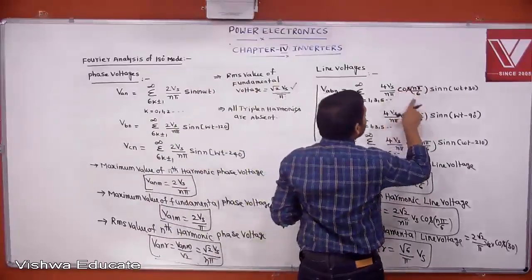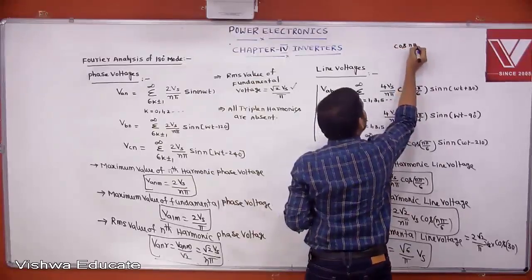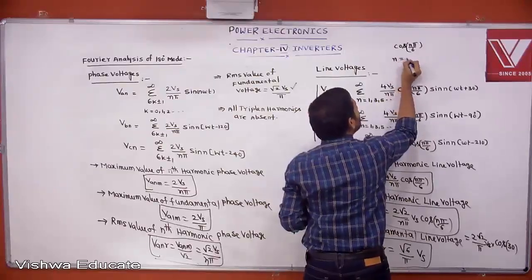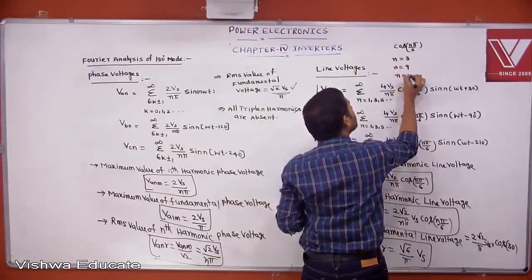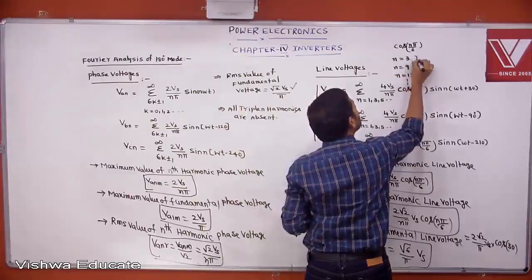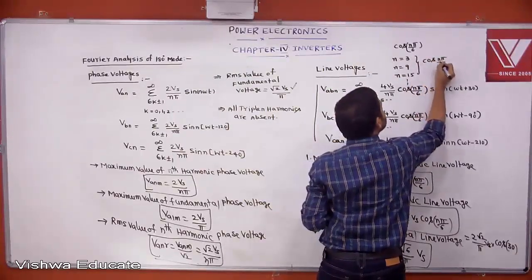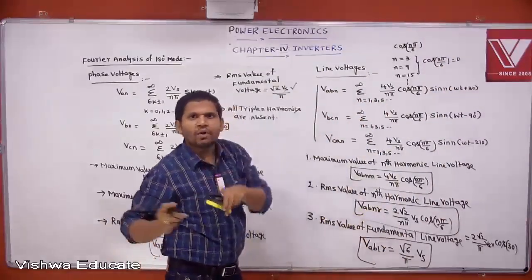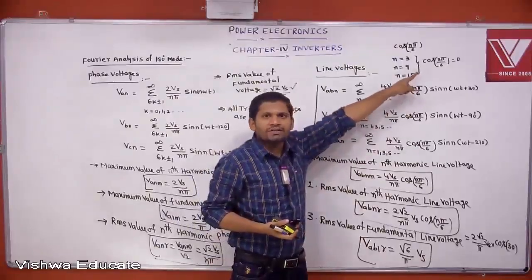You take the quasi term, cos of n pi by 6. You substitute n equal to 3, n equal to 9, n equal to 15 and so on. For all these, cos of n pi by 6 equals 0 because of quasi nature.